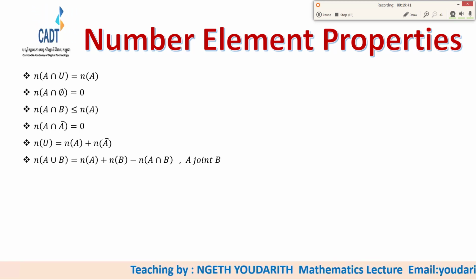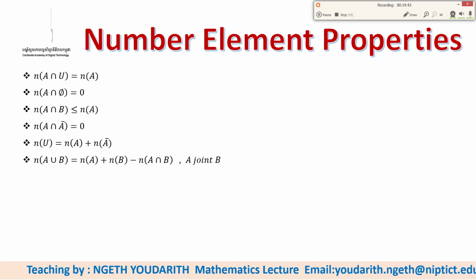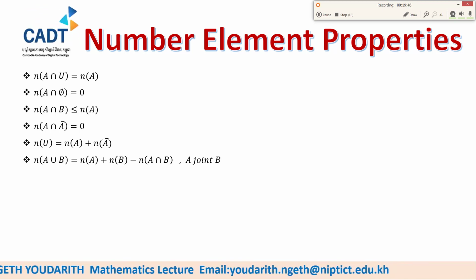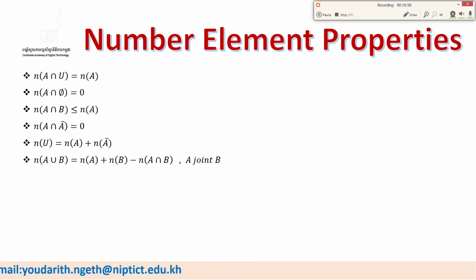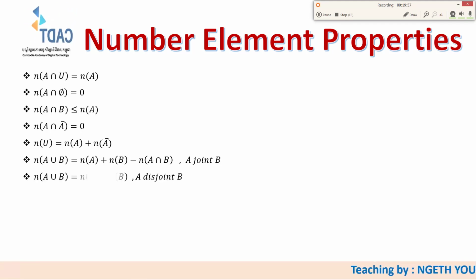The cardinal of A union B is equal to the cardinal of A plus the cardinal of B minus the cardinal of A intersection B, because A and B may both have the same elements.